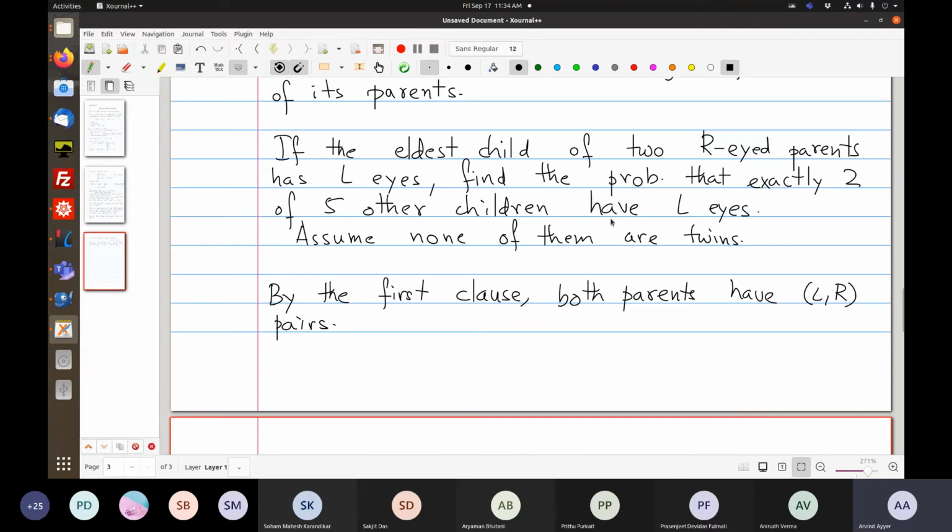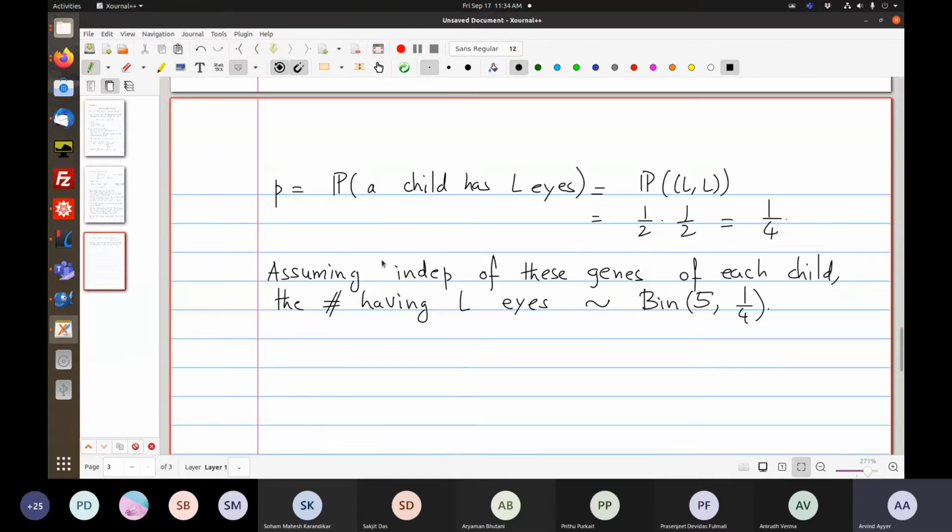And this is precisely where we are using the fact that none of them are twins. If any two were twins, or triplets or whatever, then this independence assumption would fail. In particular, if they are identical twins, then they will have exactly the same eyes, so they are not independent.